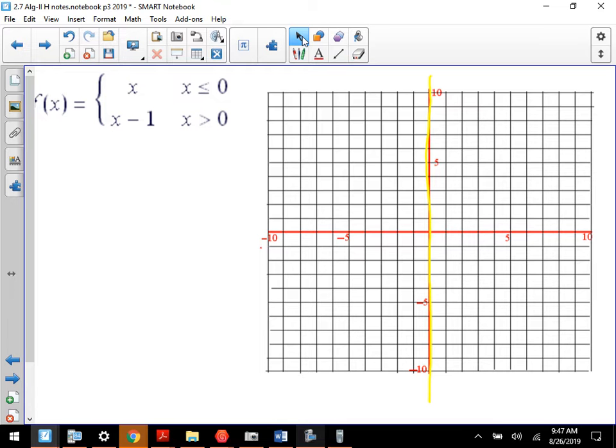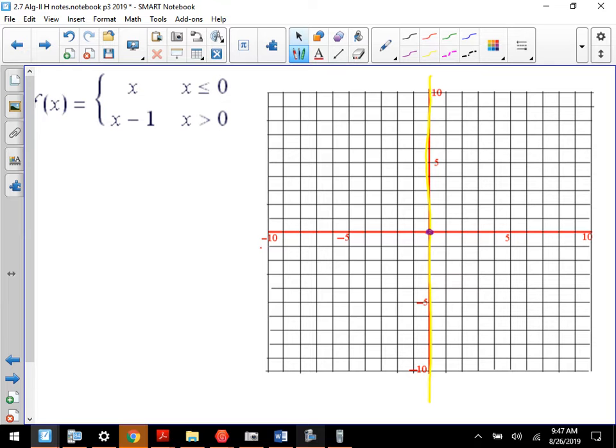So on the first graph, it says f of x equals x. Okay, what's your slope? What's your y-intercept for f of x equals x? 0. What's your slope? 1. Okay. So I know that remember it's the same thing as saying y equals x. When I'm at x, I know that I would start at 0.